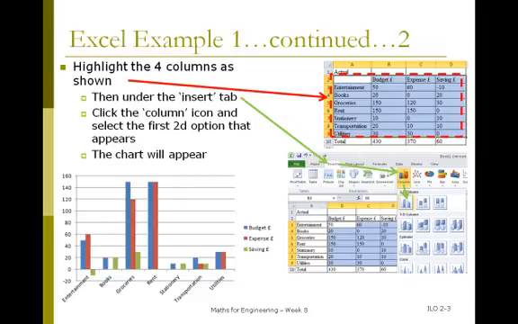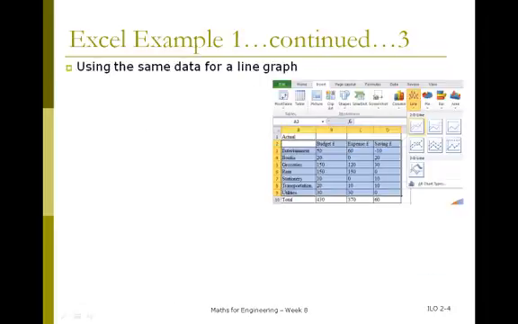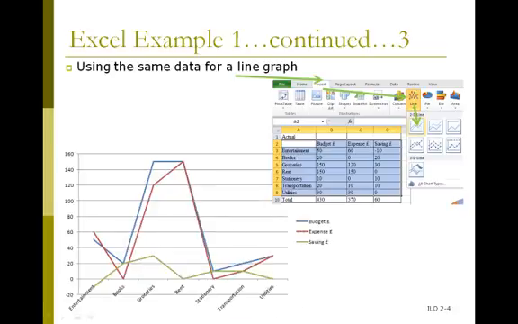So once you've done this, we're going to move on to use the same data for drawing a line graph. As before, select the data from cell A2 down to D9, then click on the Insert tab, then click on Line and select the first option within it.